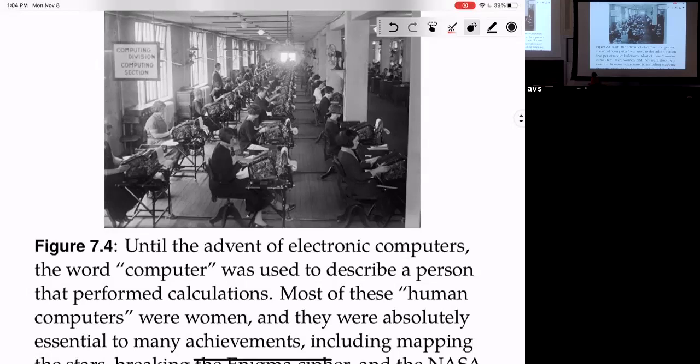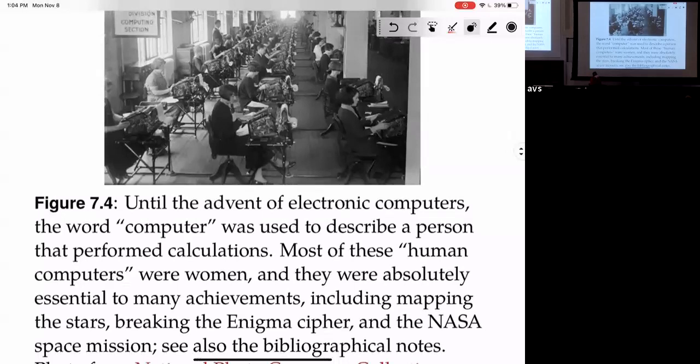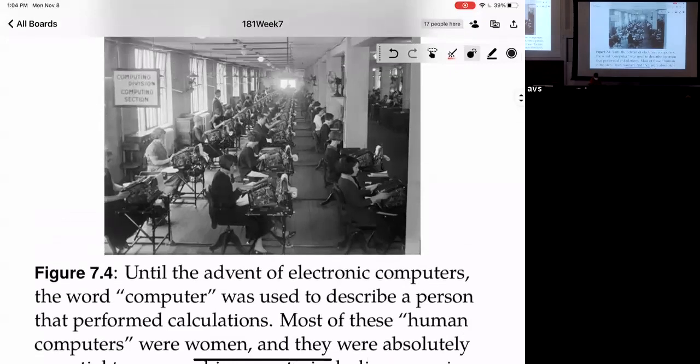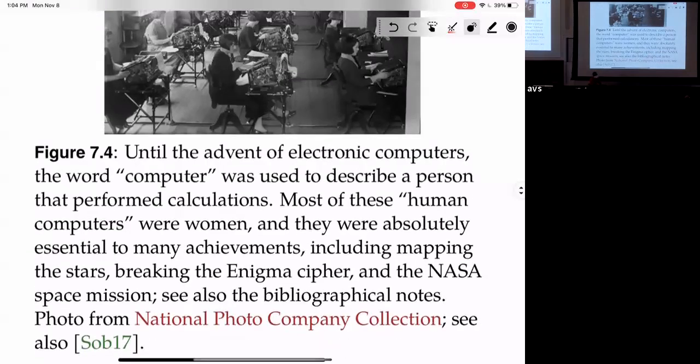And these calculations were critical in many important achievements during the war, during the space missions, and so on. Most of these human computers, as they were called at the time, were women. You can see the computing division, and it's all people really doing the calculations. If you haven't seen the movie Hidden Figures, I would highly recommend it. It's really good. It's about these people who were really the first computers.